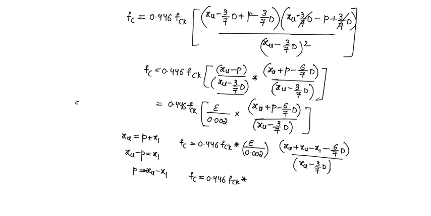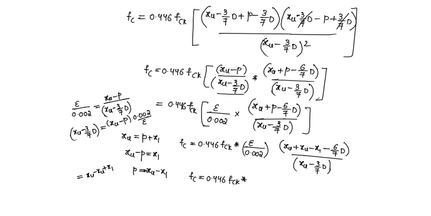From our expression obtained, epsilon by 0.002 will be equal to xu minus p by xu minus 3/7 of d. From this, xu minus 3/7 of d will be equal to xu minus p into 0.002 by epsilon, where p is xu minus x1, so xu minus xu plus x1 into 0.002 by epsilon.